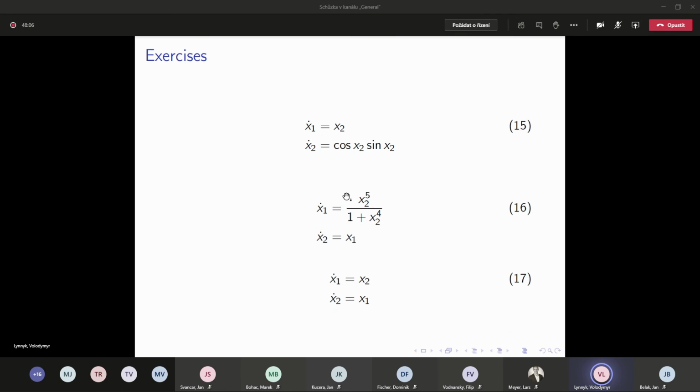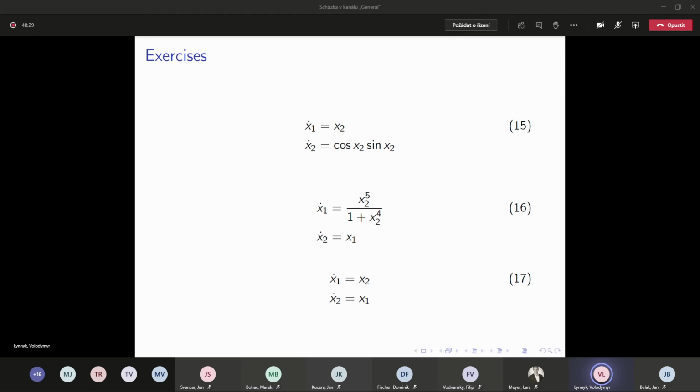When you find this derivative, you can find the limit when x goes to infinity, and this limit equals 1, and it is bounded.